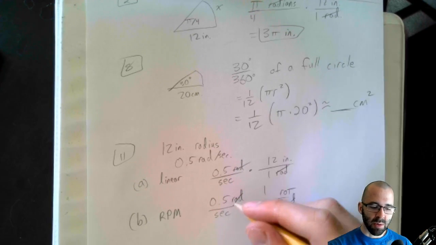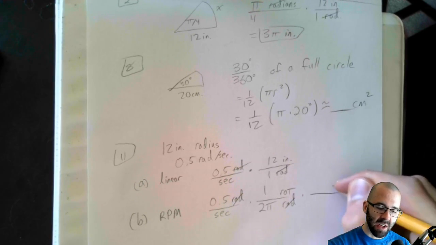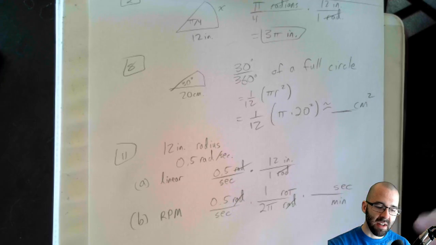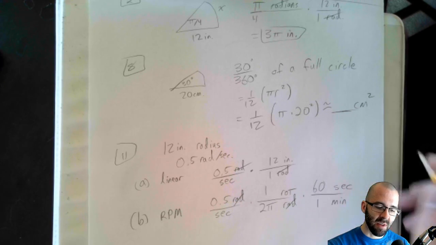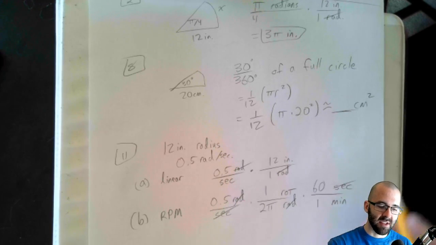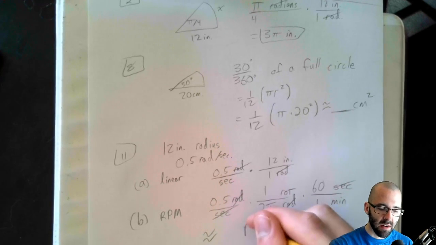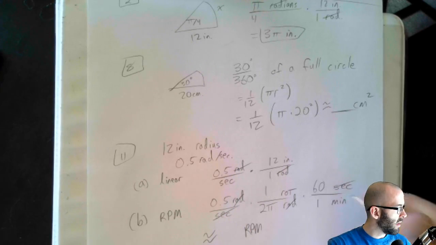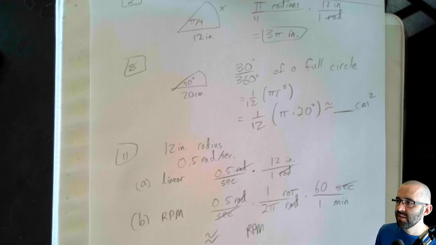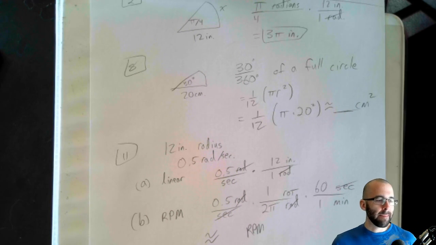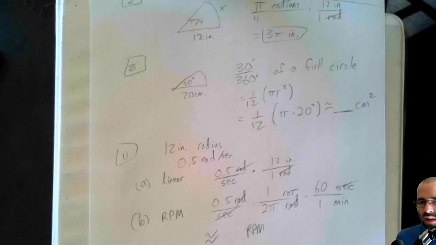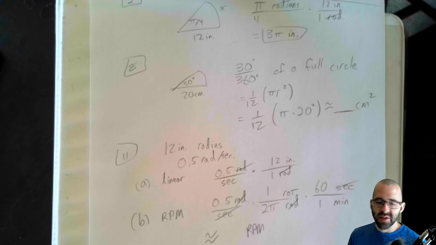Now we're left with rotations per second. We need to get rid of seconds. We want it to be minutes. So 60 seconds are in 1 minute. Then the seconds cancel. And again, we get rotations per minute once we multiply that out. Okay, that's the idea here. You can do the same thing for degrees per second. You just do unit conversions for all of these.